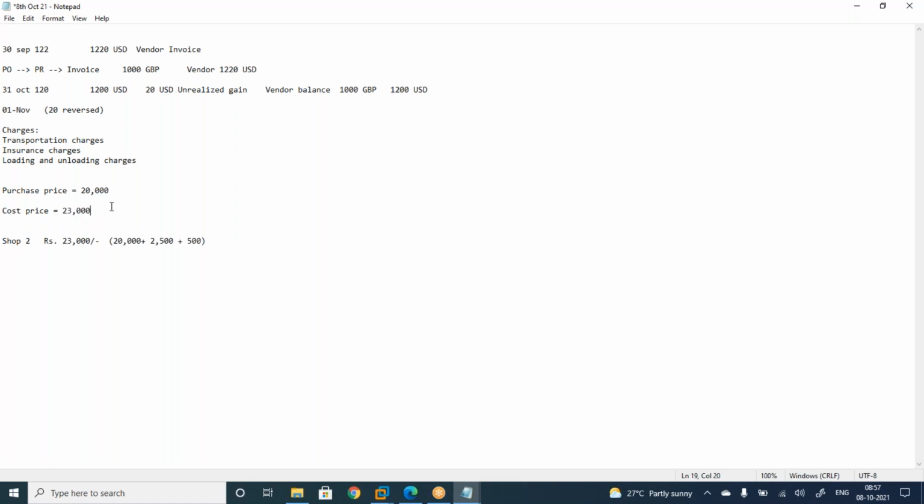So cost price is equal to purchase price plus charges plus taxes minus discount. Now these taxes may or may not apply.